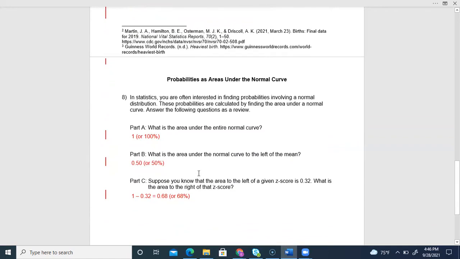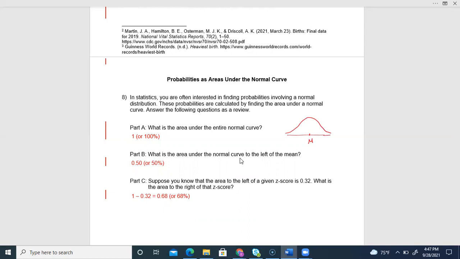Number 8 says, in statistics, you are often interested in finding probabilities involving a normal distribution. These probabilities are calculated by finding the area under a normal curve. For any normal curve, no matter what, the center of the curve is represented by the mean.